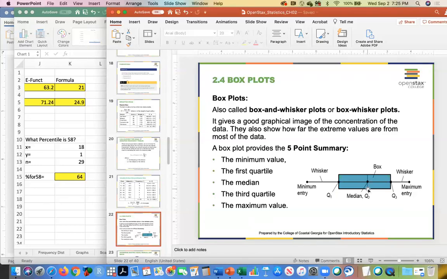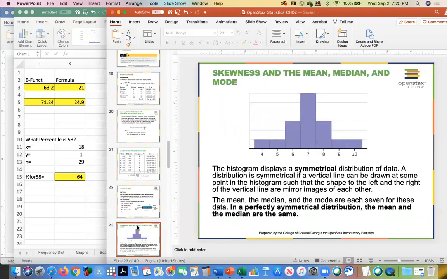In many cases, the median might be leaning towards the right or the left, and that tells you a lot of information about your data. So you have the minimum, quartile 1, the median value, which is quartile 2, quartile 3, and the maximum, which is the highest quartile.